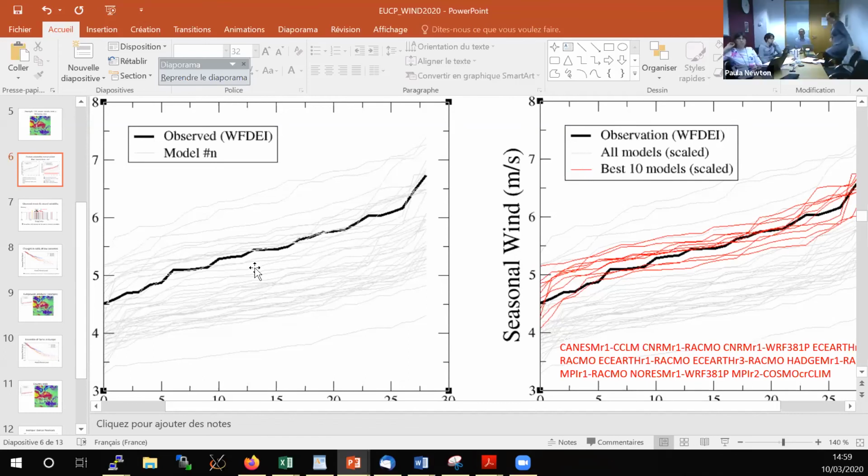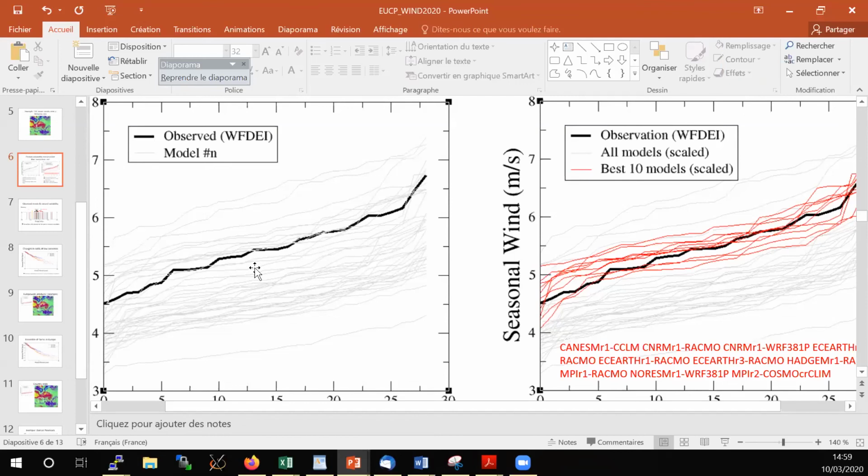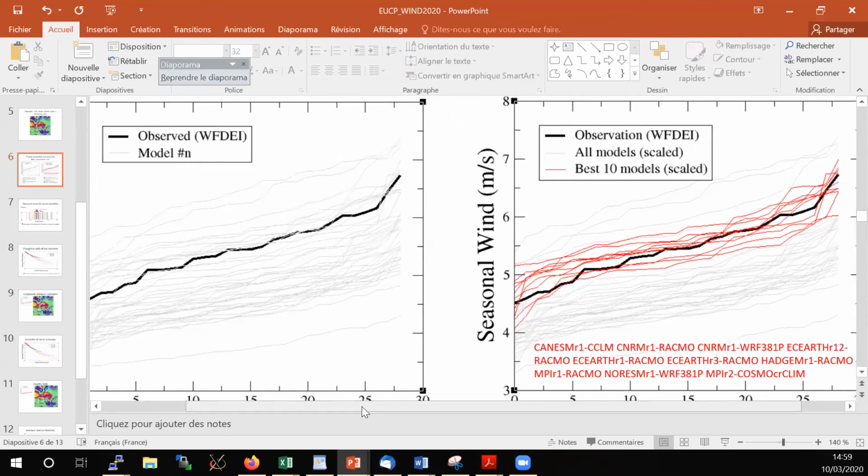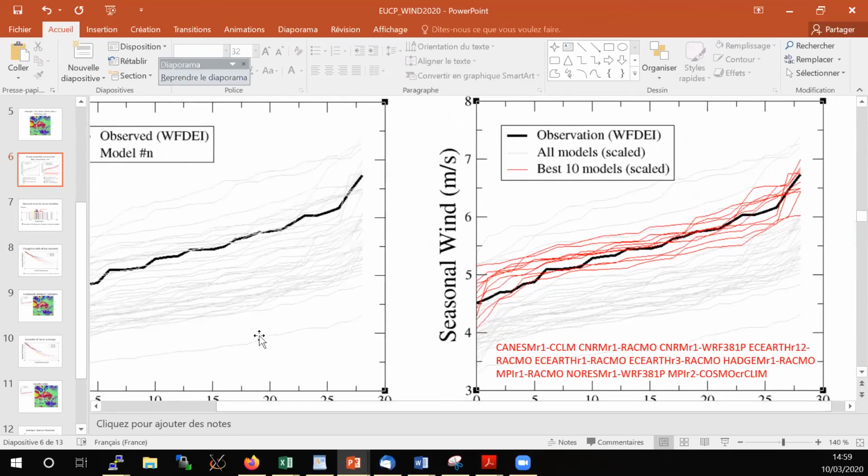Okay, thank you. Jason, is it a very quick question? Yes, just a very quick question, to note the overlap with work package 2 and the work they showed on possibly ruling out some of the ensemble members. It would be interesting to see if the same members are selected when you look specifically at local winds compared to the large-scale drivers of circulation.